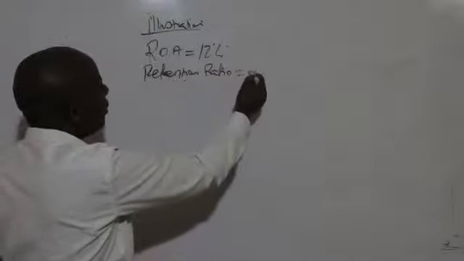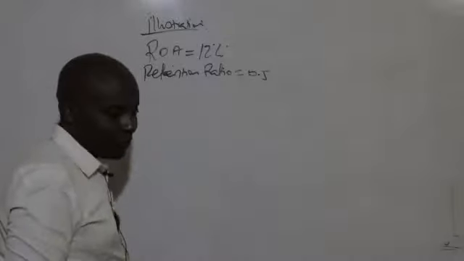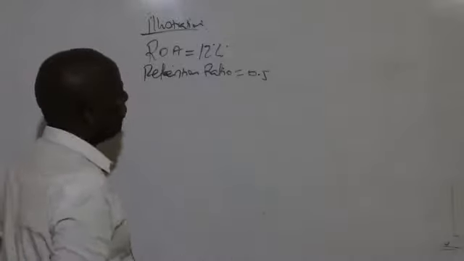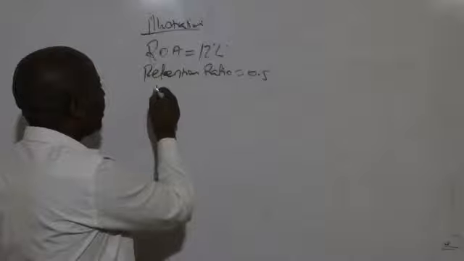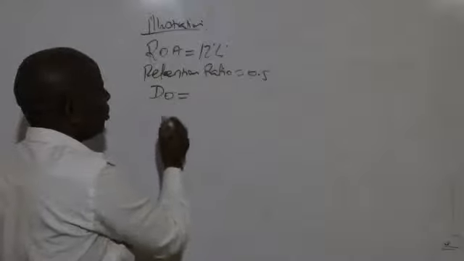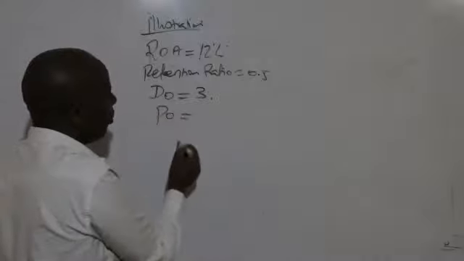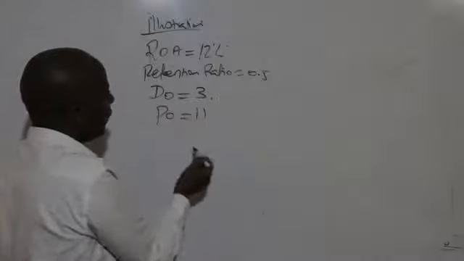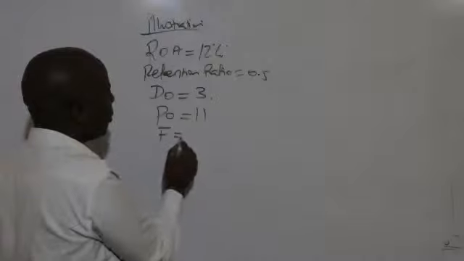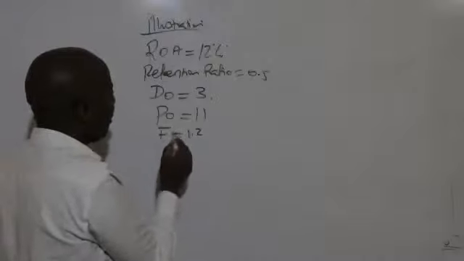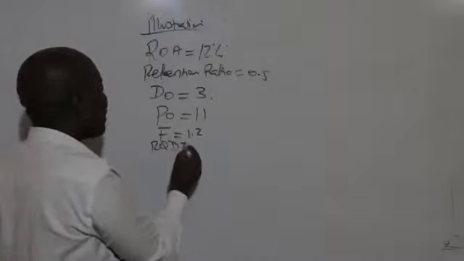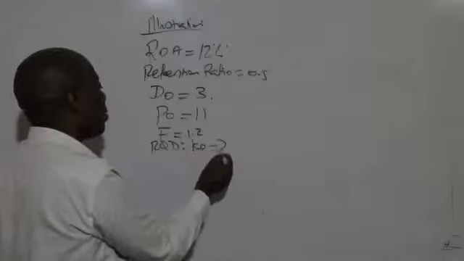The retention ratio is 0.5. And these guys have given us what we call D0. The D0 is 3. Then they have given us P0, which happens to be 11. Then they have given us flotation cost, which happens to be 1.2. And then they want us to determine cost of equity.